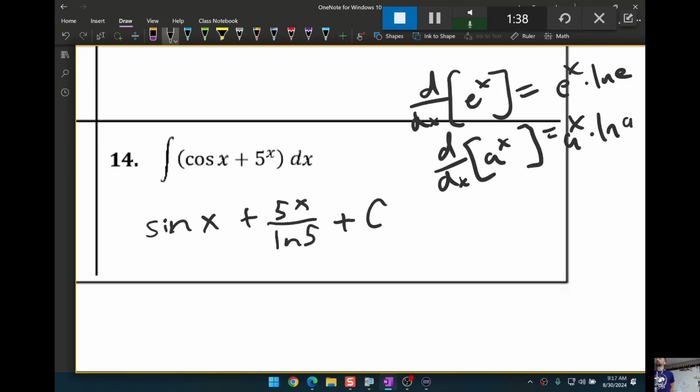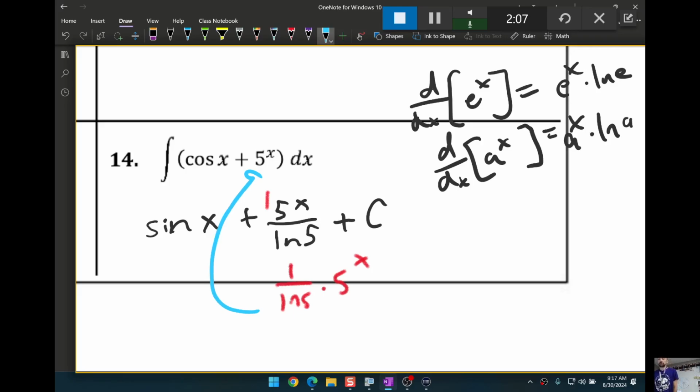And now this matters because the natural log of a is probably not going to be 1, right? So that's why you've got to tack that on there. So if that's how you take the derivative, when I look at his work here, 1 over the natural log of 5 is just a constant, and then 5 to the x. So here's the constant, and there's the function part. So I'm going to check his work by taking the derivative and going back here.